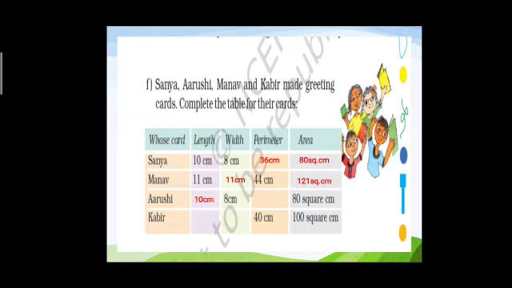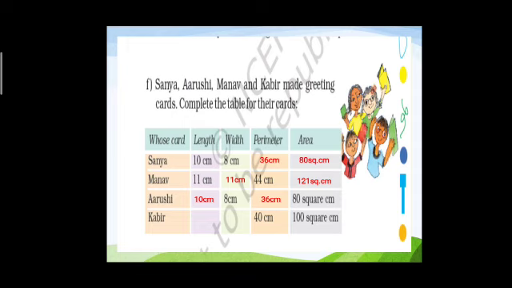Next, students, if the area is given to us and the width is given to us, length into width is equal to area. So 10 into 8 is equal to 80. And now we will find out the perimeter. The perimeter will be 36 centimeter.